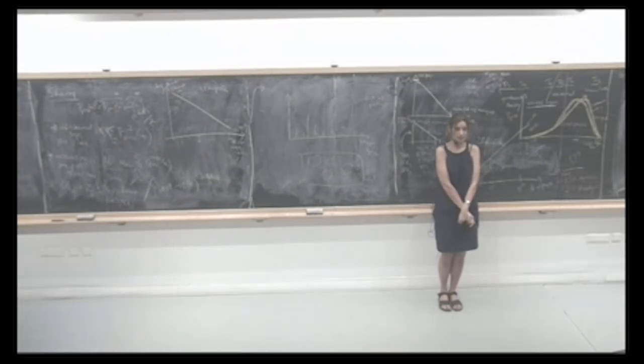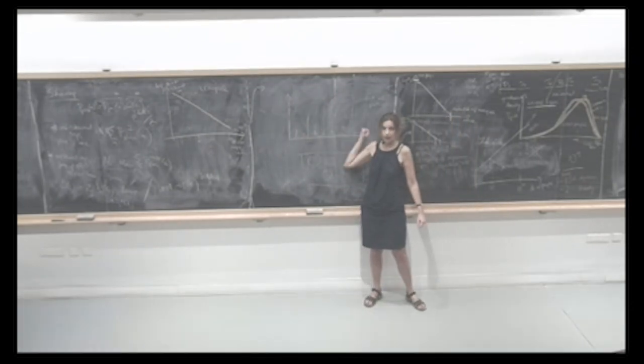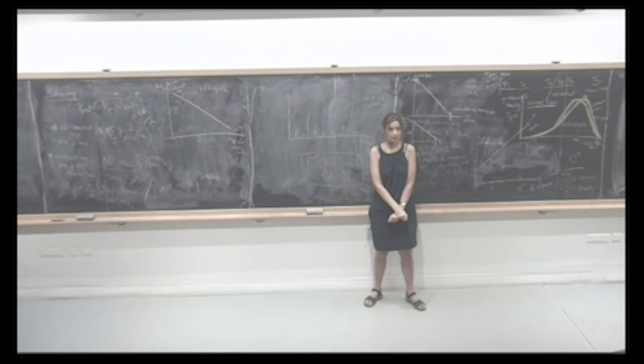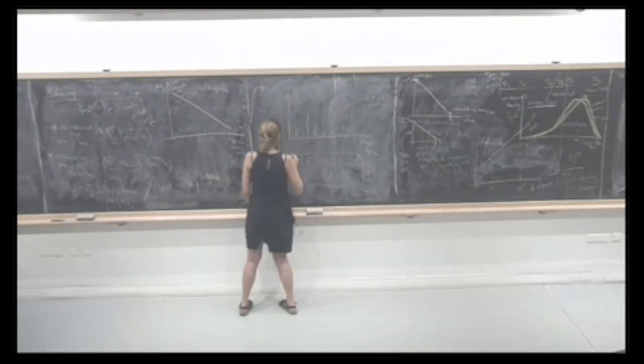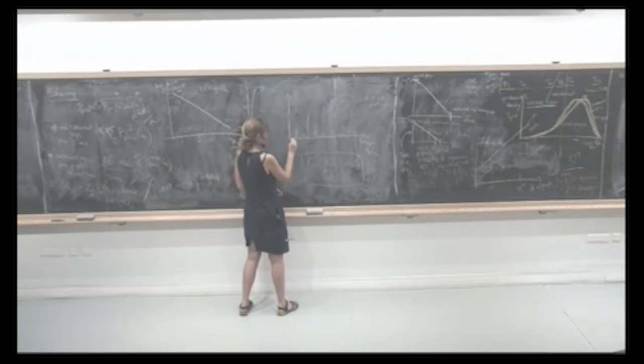How should I place them? Should I just draw a uniform line somewhere? Should I distribute them where the peaks are? Exactly where the peaks are? Yeah. Okay.